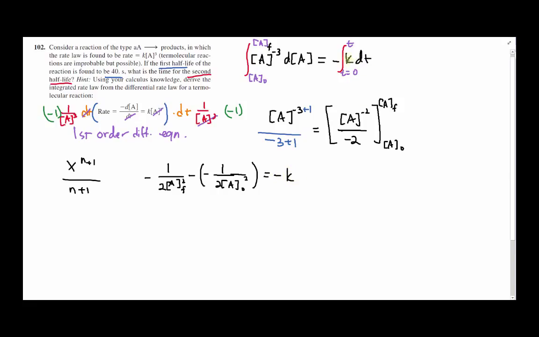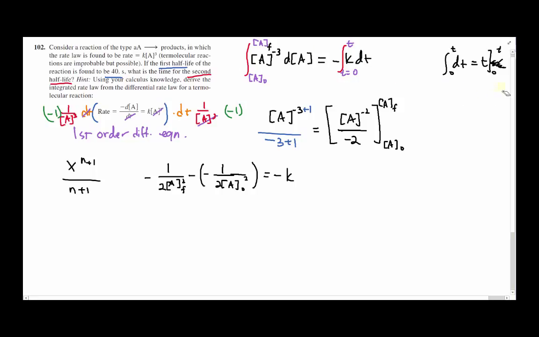K is a constant which you can just pull outside our integration sign, and when you have an integral like this, it just becomes t, t plus c. But when we have an upper and lower limit, we do not need that c. You substitute t, and then you minus and substitute 0, so it just becomes t.